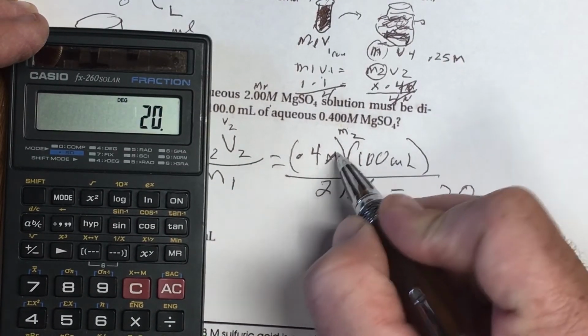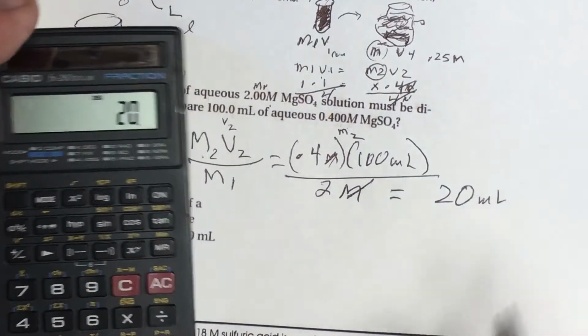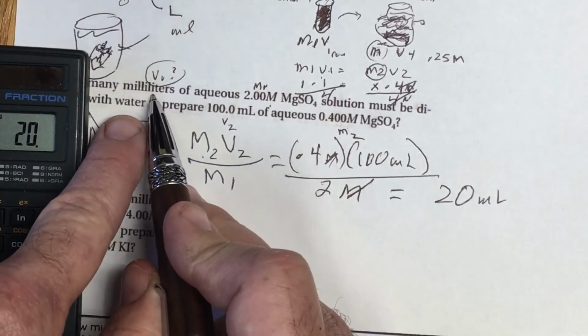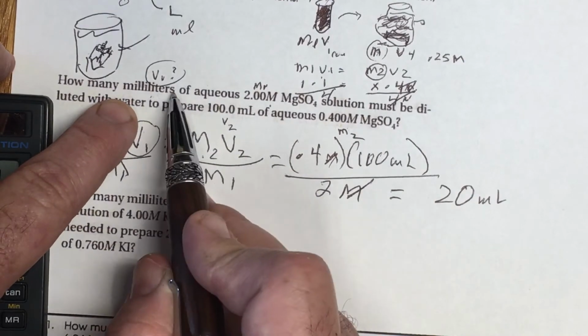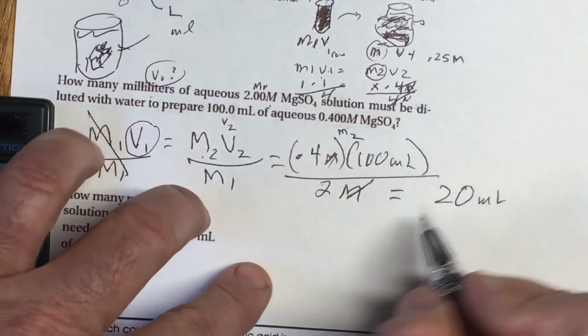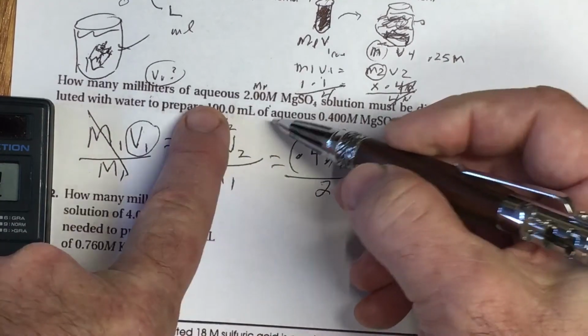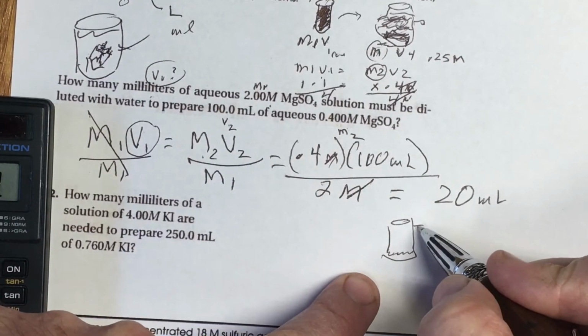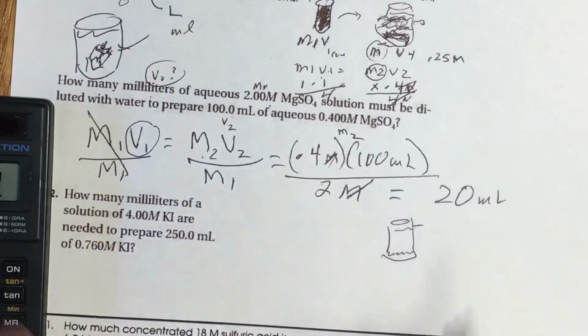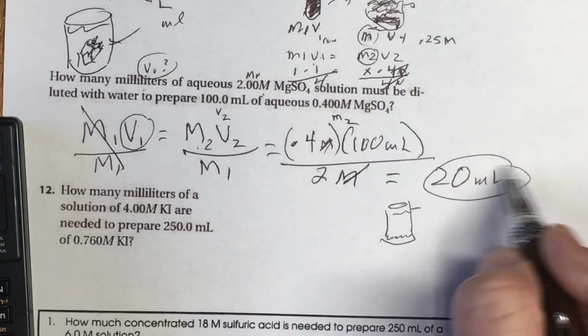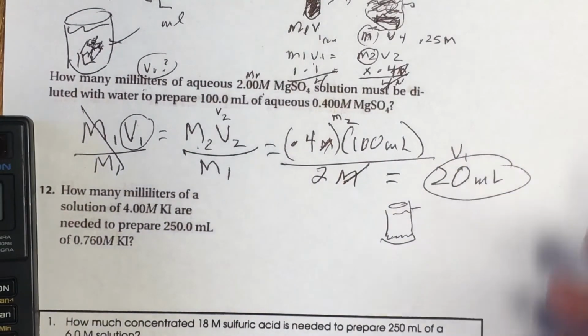The molarities canceled out, milliliters. So what that means is we would have had to take 20 milliliters of this stronger solution and put that 20 milliliters in a container, and then fill that container up to 100 milliliters to end up getting our final solution. So 20 milliliters is the volume we need to start with.